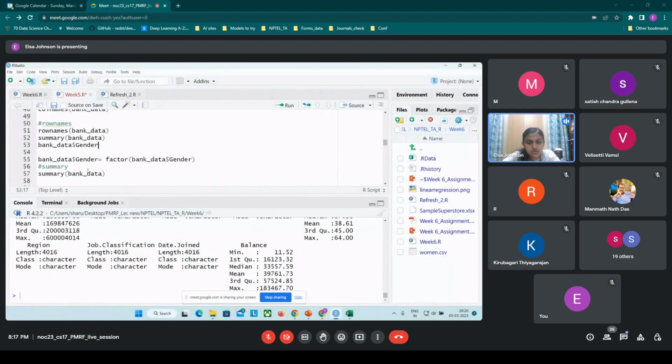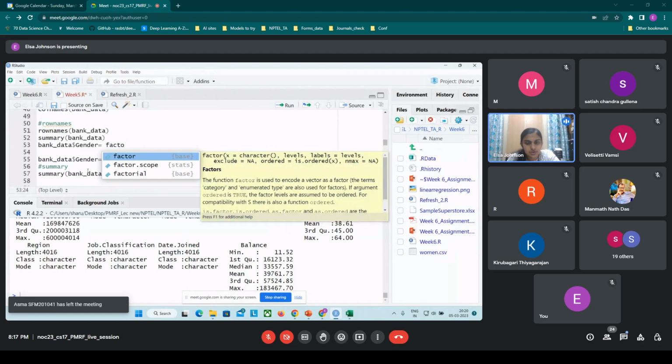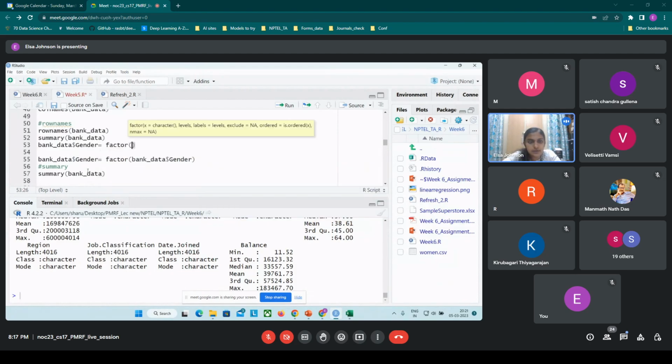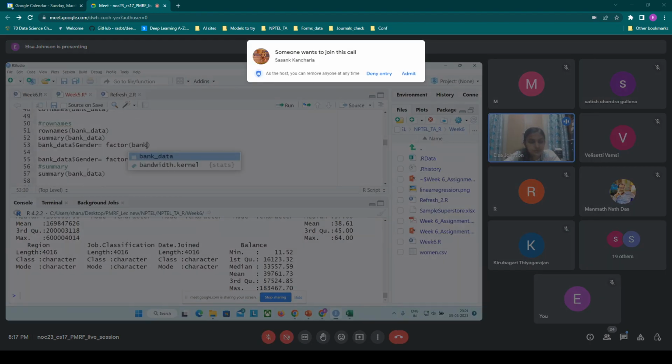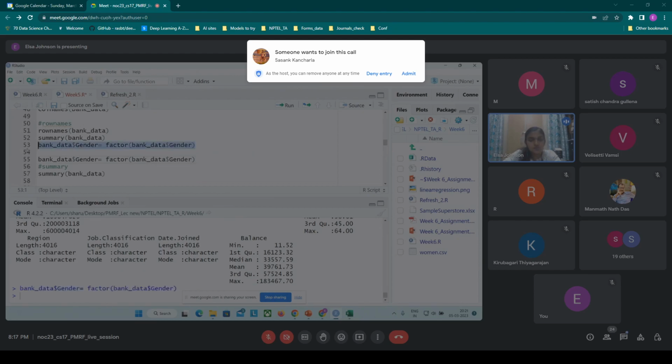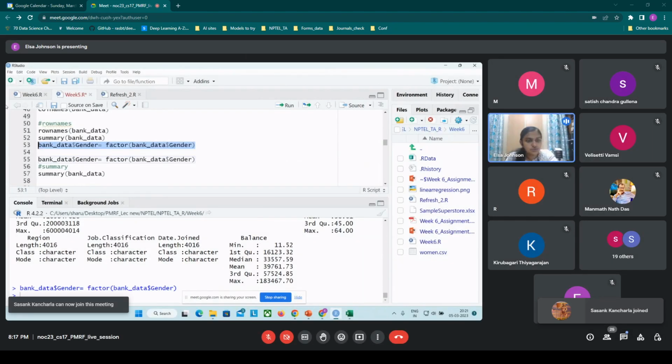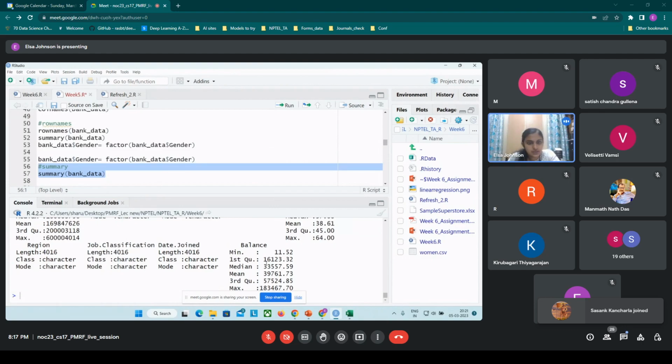We will change the gender with this particular operation, which is encoding a vector as a factor. If we put factor on bank_data dollar and choose this particular column, and then do a summary of that bank data, you will get this.